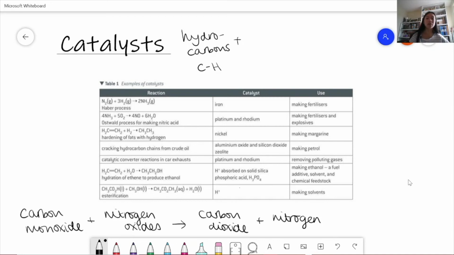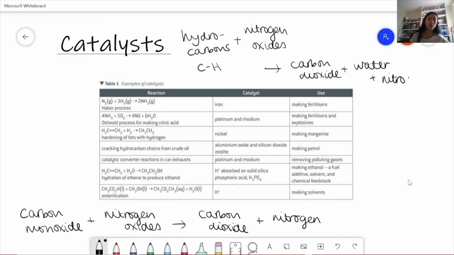And when they react with nitrogen oxides again, they can form carbon dioxide gas and water and nitrogen, which are all less polluting to the atmosphere.